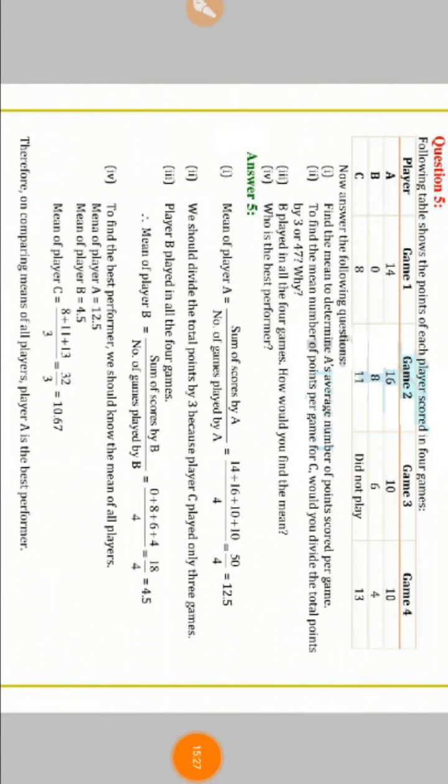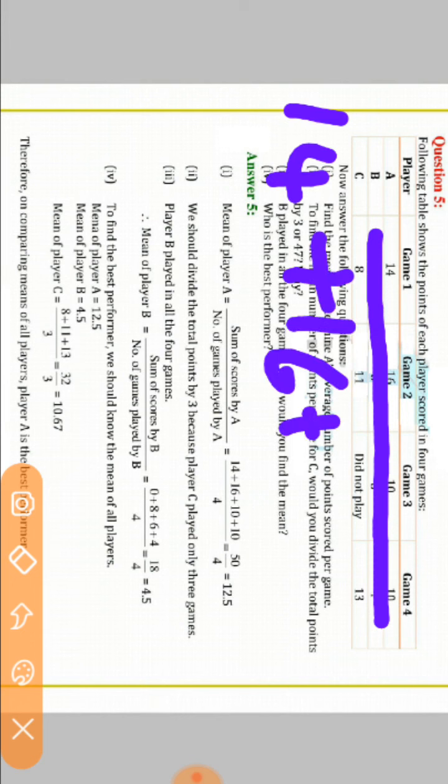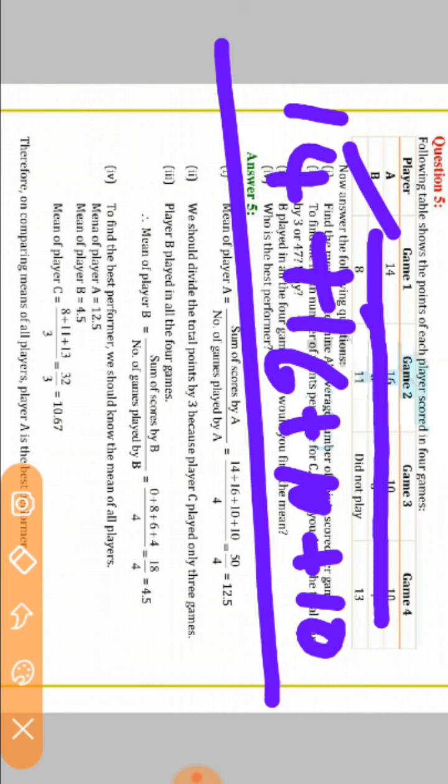See, the first question is to determine A's average. A's average means the total number of points scored divided by the number of games he attempted. Mean means we have to take these scores: 14 plus 16 plus 10 plus 10, divided by how many games are there? 1, 2, 3, 4.